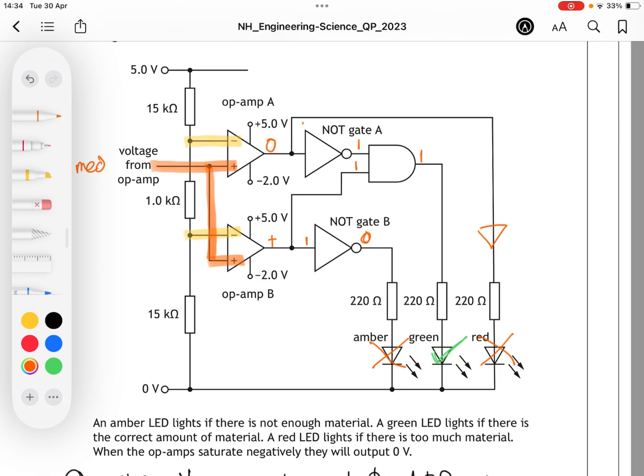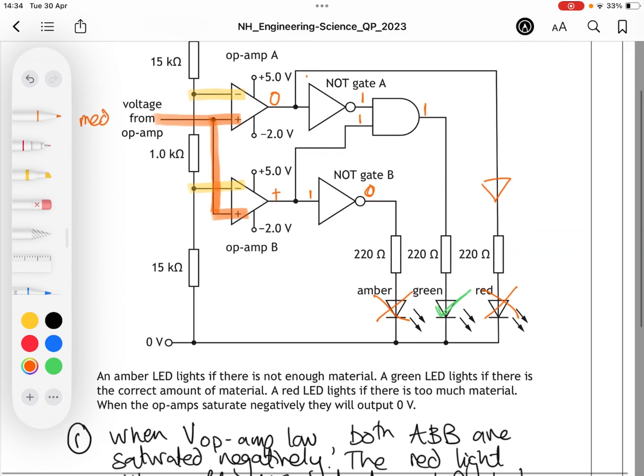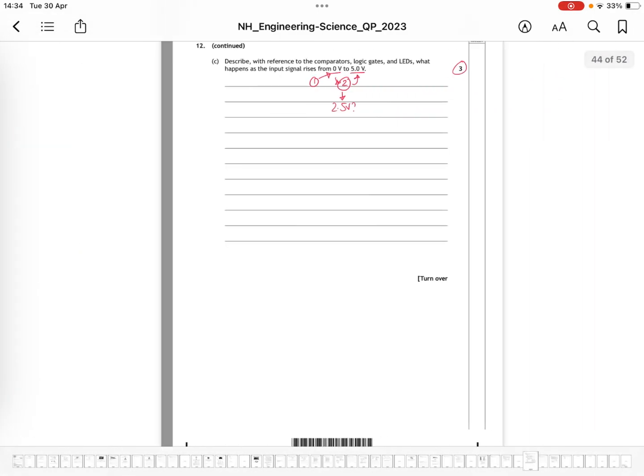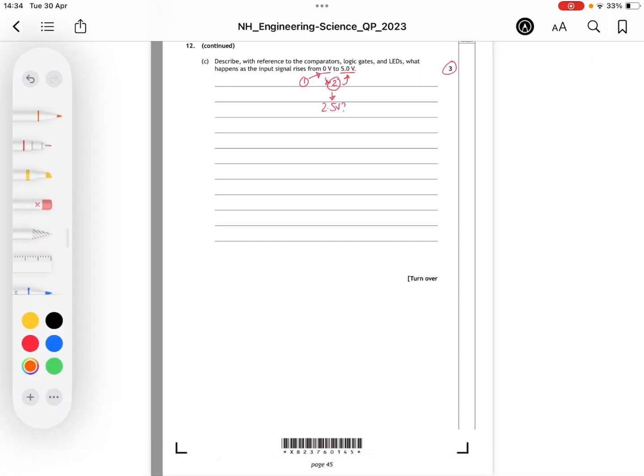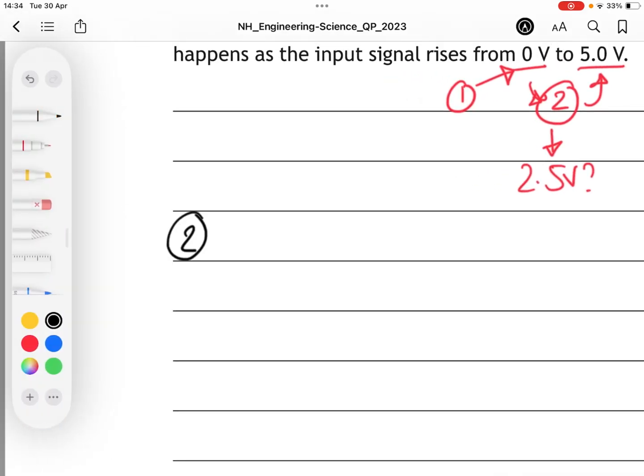And so you want to be able to describe that as well. What I'm going to do is skip over to the next page here and write some of that down for you. So this is our midpoint.